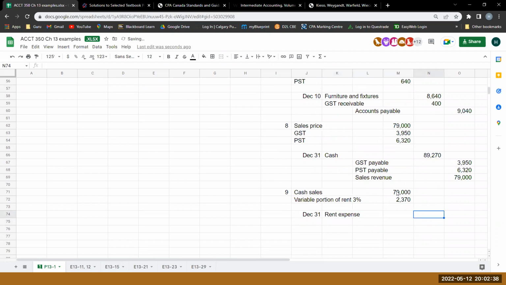Now, $2,500 is fixed. Add to that $2,370, the variable portion, and our total rent for the month of December is $4,870. And since we're going to pay it in January, this is a liability for now, rent payable.